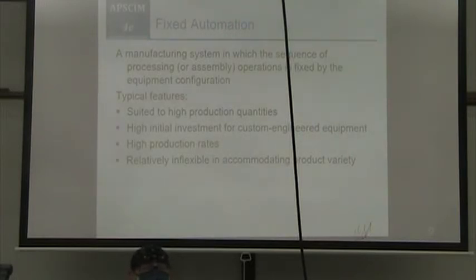So usually we do this because we have high production quantities and we're just going to crank out the same thing day after day, and we're not going to want to change that or fool with that, right? So it may be a thing of you have a work cell that's entirely automated, where one machine does its part, hands it off to the next machine, and it goes around that way.